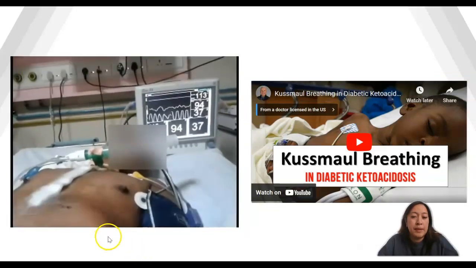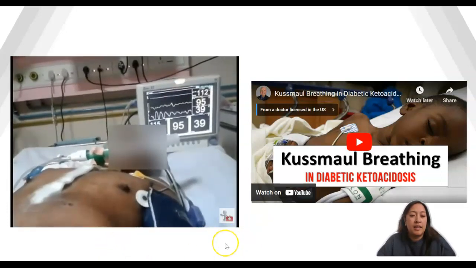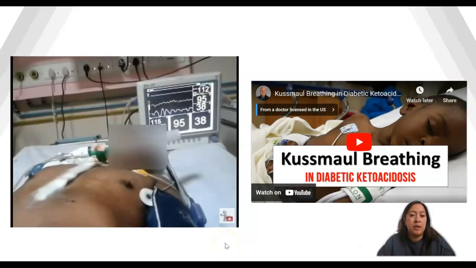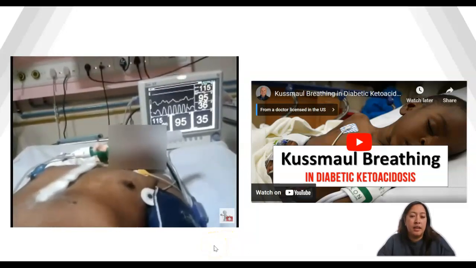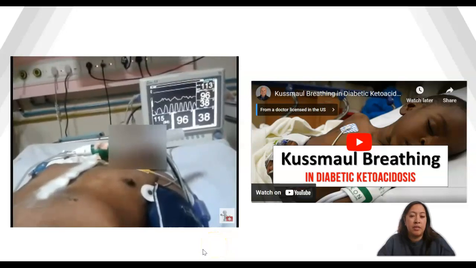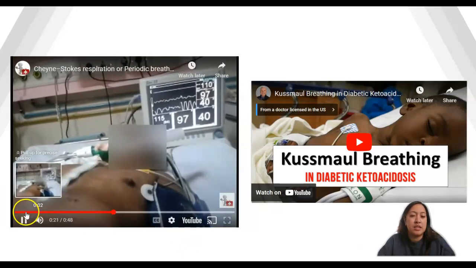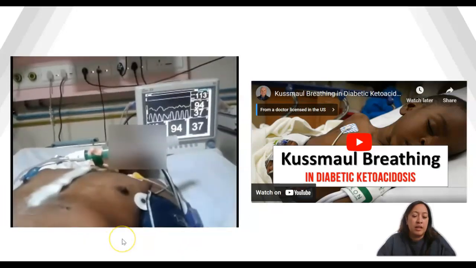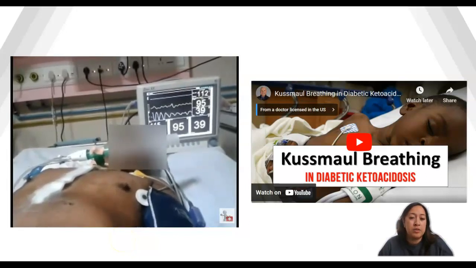So you can see that this patient is getting shallow with their breathing, and then it's starting to get deeper and rapid, and then it's going to start to slow down in rate and depth, and then it's going to stop. Look again. Increase in rate and depth. This is Cheyne-Stokes.